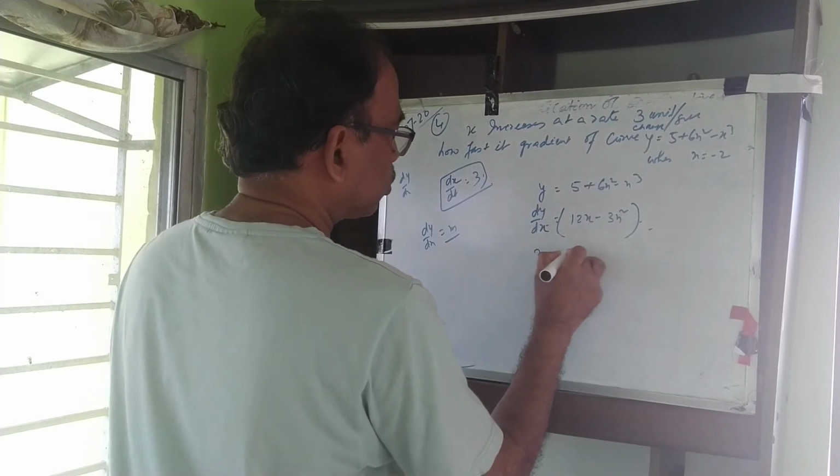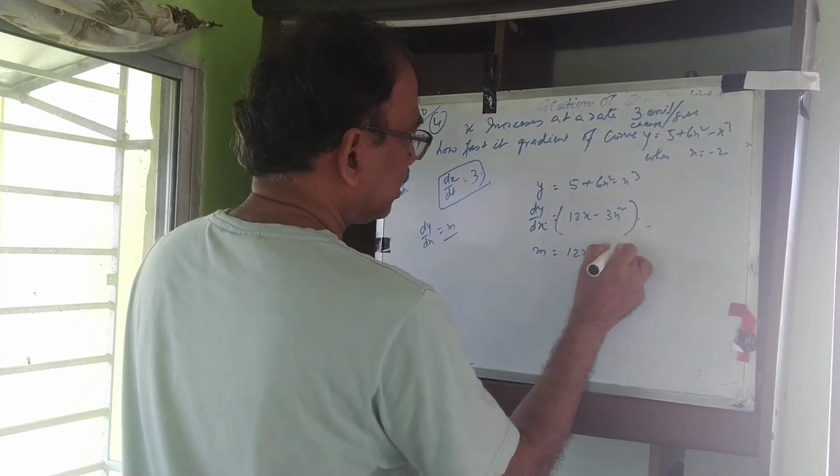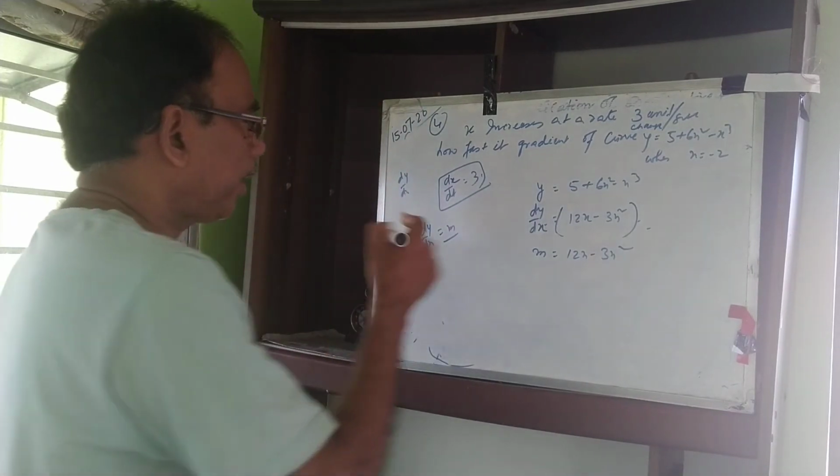So m equals 12x minus 3x². Now we have to find dm/dt.